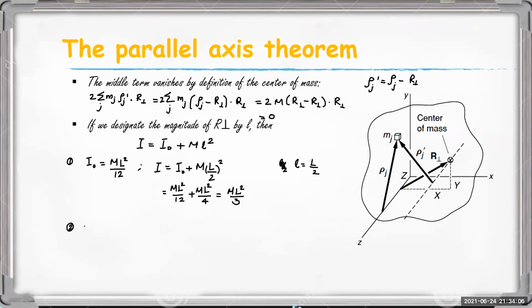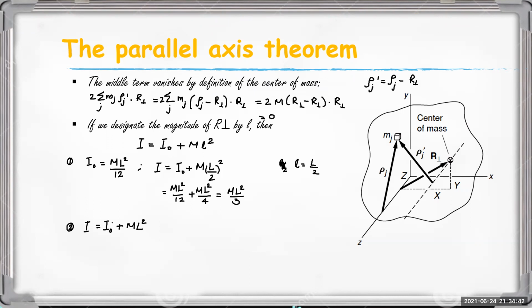Okay, if we have to find the moment of inertia of a disk around an axis at the rim, perpendicular to the plane of the disk, we can use the same theorem. I must be equal to I0 plus m into L square.